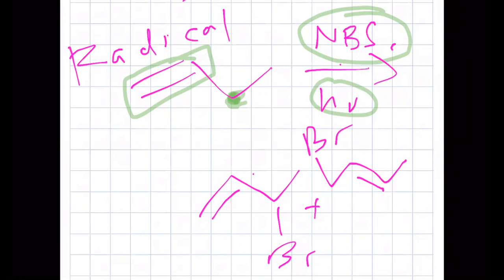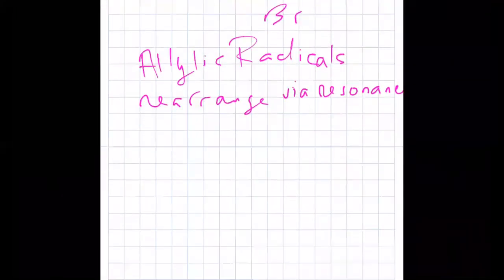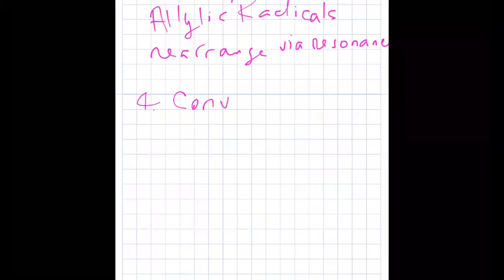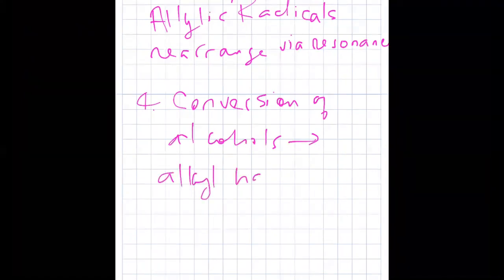All right, so that's one method. That's a third method. Another method that we're gonna look at, and then before we jump to this handout, there's one other method I want to tell you about, and then we're gonna start working on some allylic bromination questions. So the fourth method is conversion of alcohols into alkyl halides. All right.